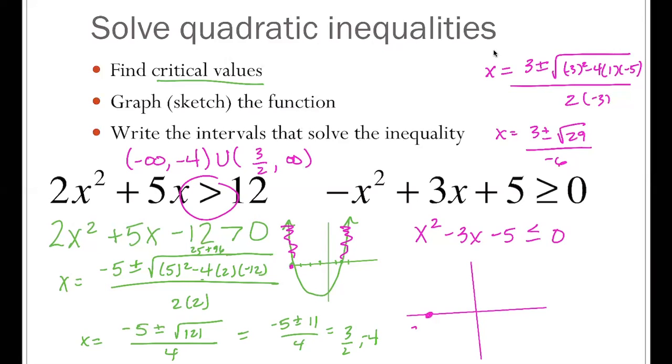Now, if I do minus, it's going to give me a positive value. So it'd be 3 minus, sorry, the square root of 29 over negative 6.